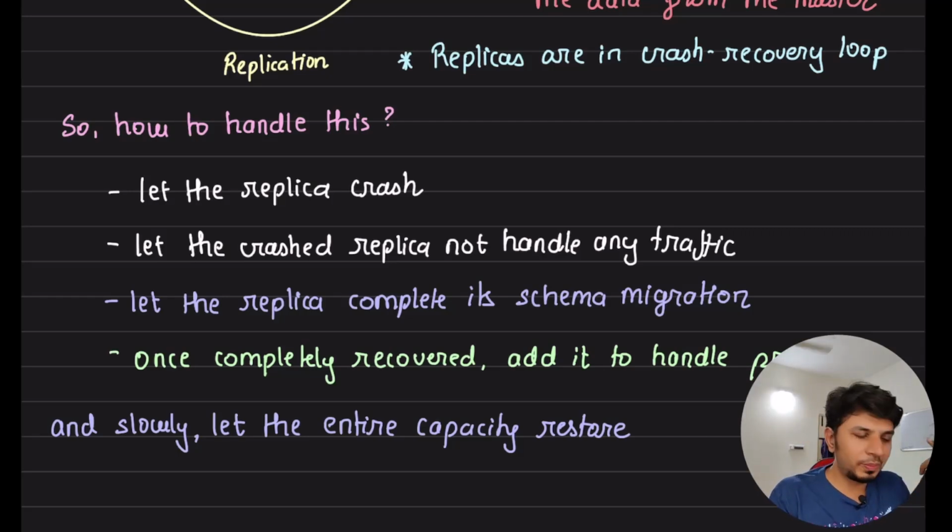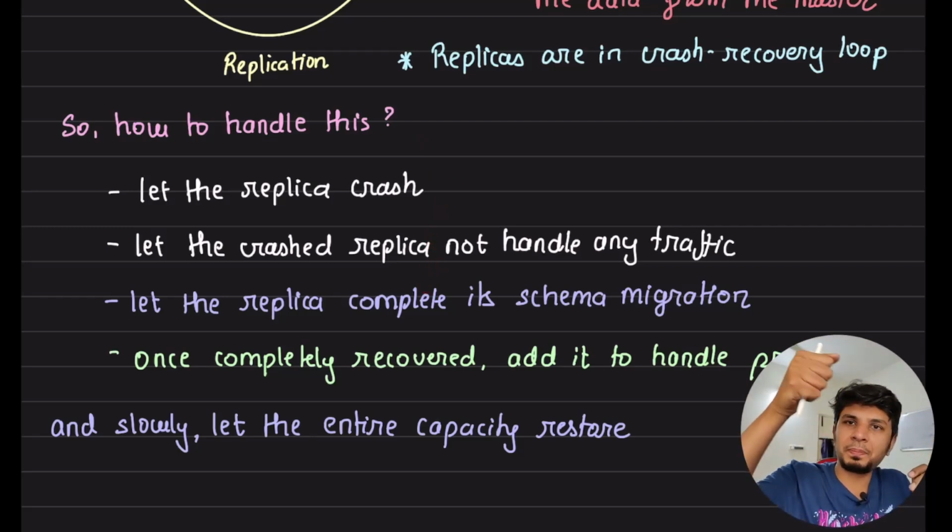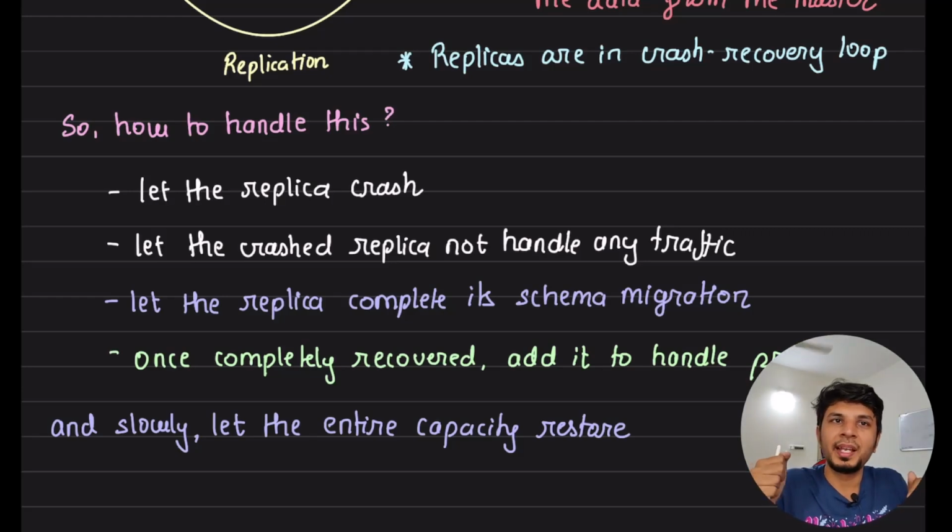So they let the replica crash. They let the crashed replica not handle any traffic, which means they removed it from their production fleet. Then they gave the replica the breathing space it needed to complete its schema migration with ease.